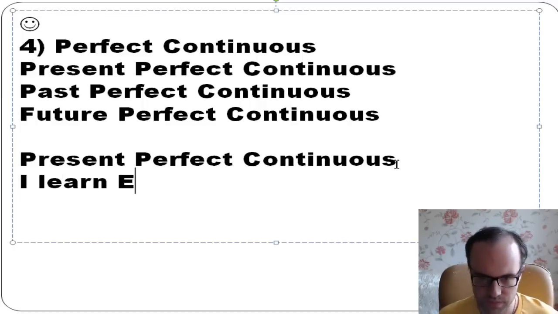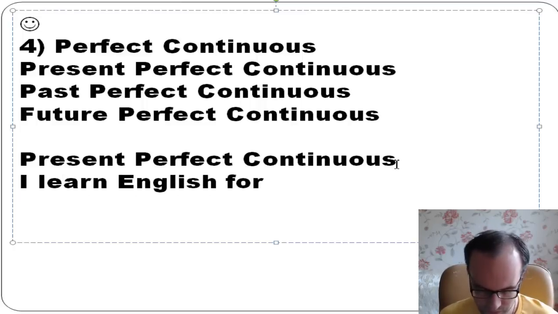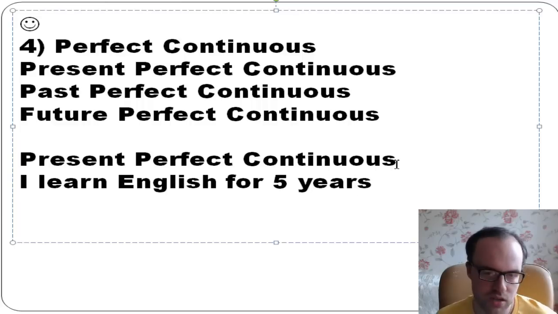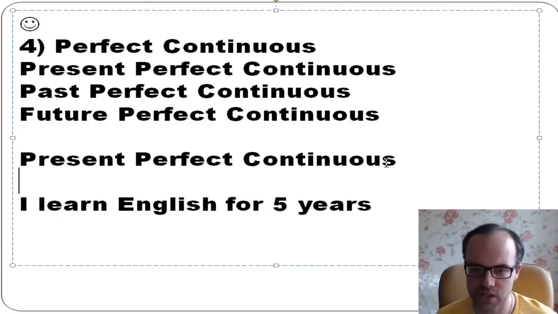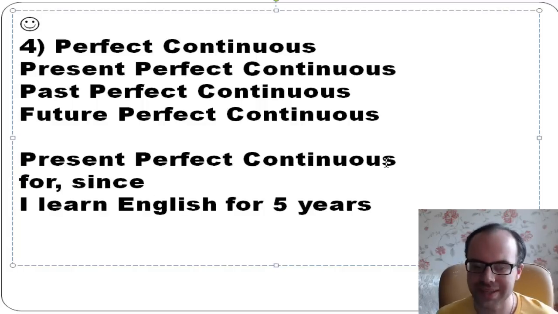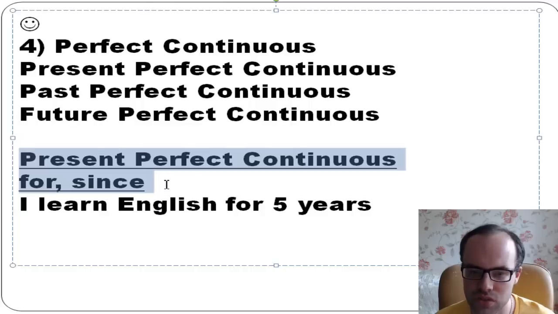I learned English for 5 years. They say so and don't realize that they make a mistake, because in this case we need to use present perfect continuous. If you have for or since in a sentence, it tells us that we need to use it.